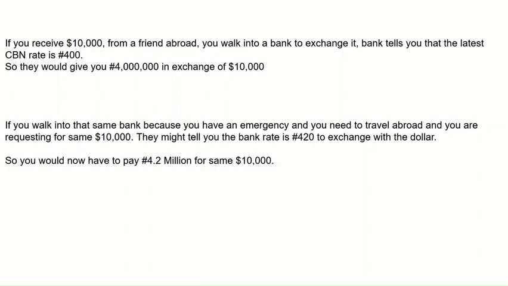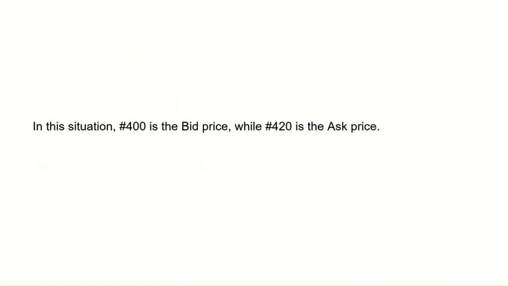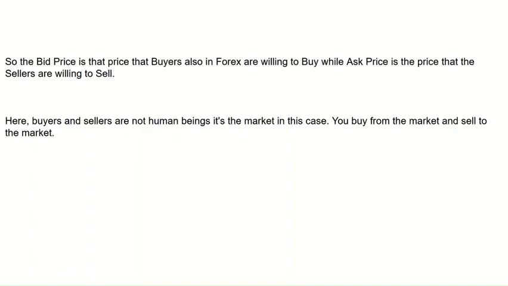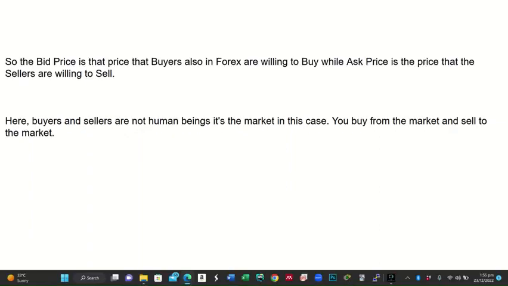The 420 naira here is the ask price. It is the price that the bank is willing to sell to you. So 400 naira is the bid price, while 420 naira is the ask price. So the bid price is the price that buyers in Forex are willing to buy at, while the ask price is the price that sellers are willing to sell at. I hope you get it now.